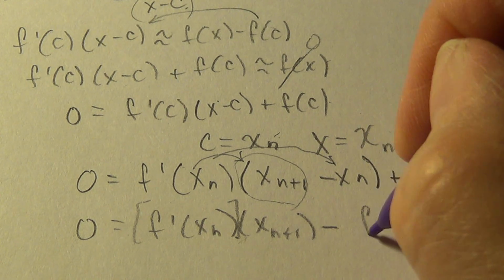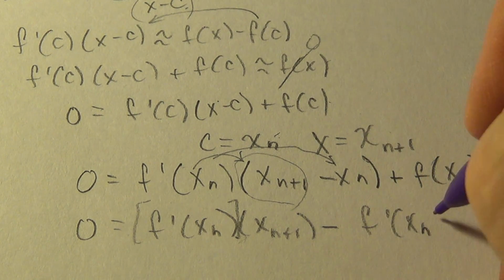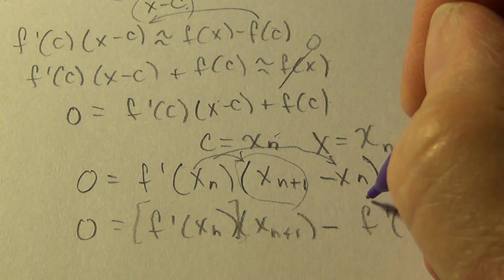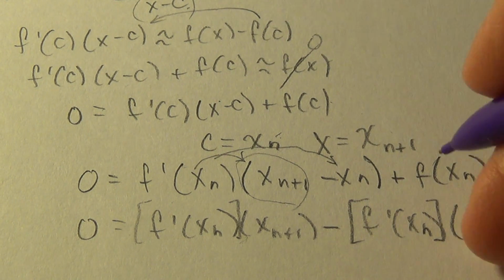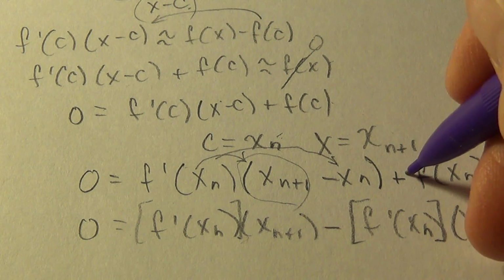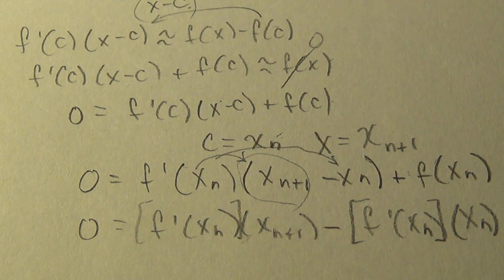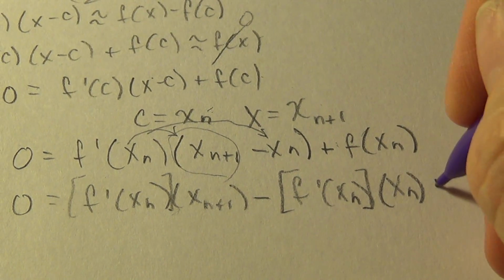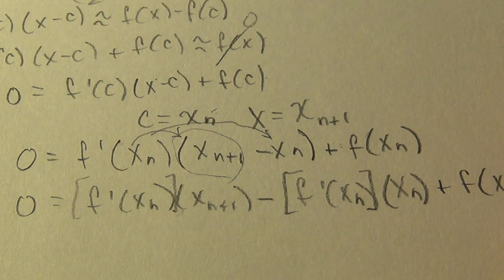I get f prime of x sub n times x sub n. And now I'm up to here, plus f of x sub n.